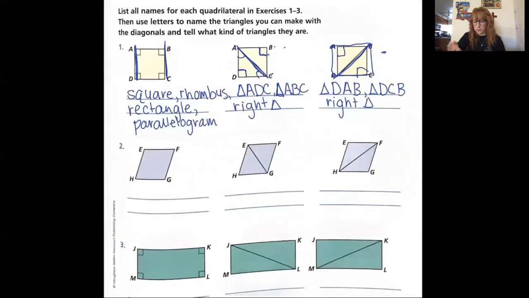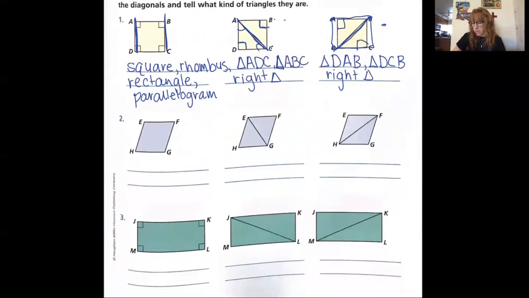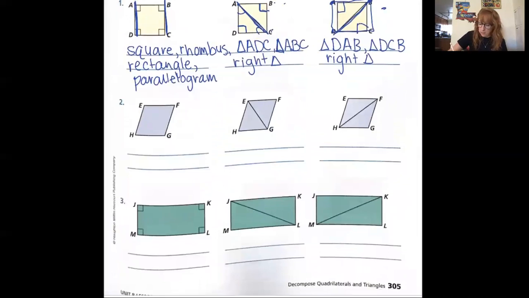So we have 2 right triangles still. Moving through 2 and 3, I'll give you the starting figure names, and then I'll let you work through what kind of triangles we have and the names of the triangles. But pay close attention to the angle measures in each one, knowing that the angle measures in this figure are different than the angle measures for the triangles in that 3rd figure.